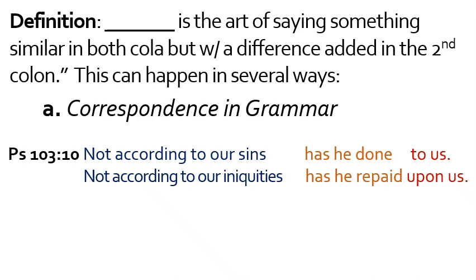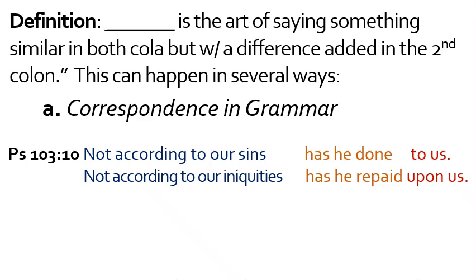And that's a good thing. That's a statement of God's mercy. The grammar lines up. The grammar means that the words have the same function in the parts of the colons. I won't get into much. We'll see in a minute.